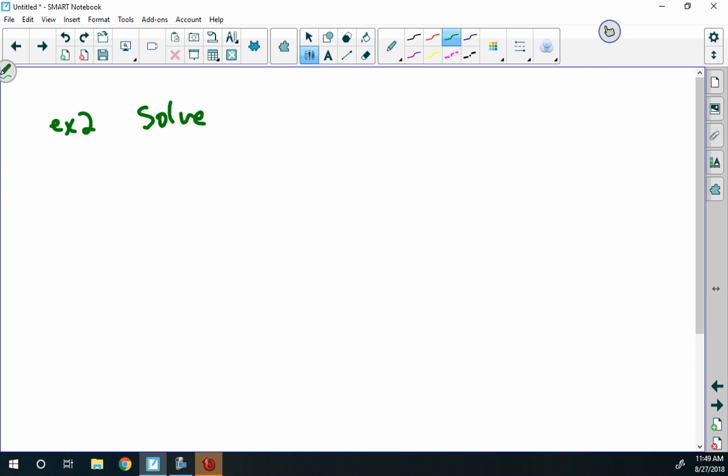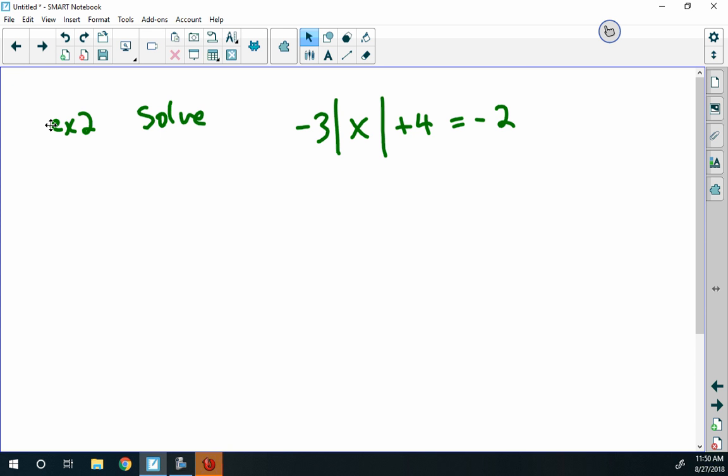Example 2, let's go ahead and try to solve this. Negative 3 times the absolute value of x plus 4 equals negative 2, let's say. All right. So what you need to know is the first step in solving an absolute value equation is to isolate the absolute value stuff.